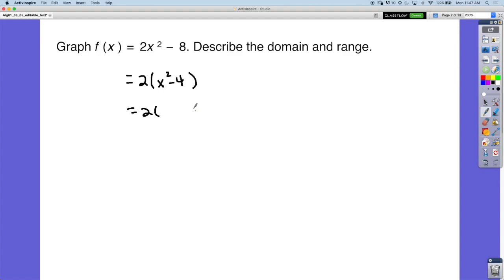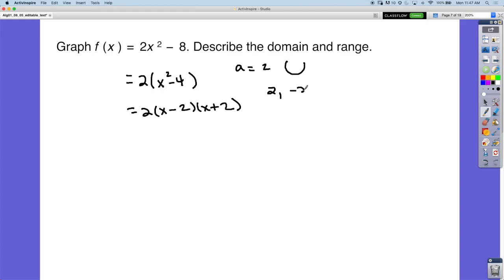Thank you so much for forcing me how to recognize dots, which is going to be? Oh, that is now in which form? Intercept form. Yay! Okay, what's A here? 2, which means that it faces up. Okay, what are my intercepts?